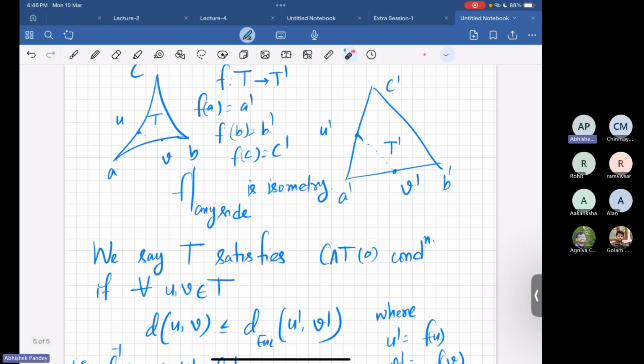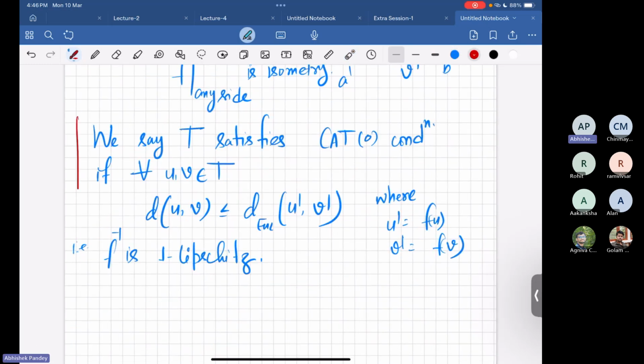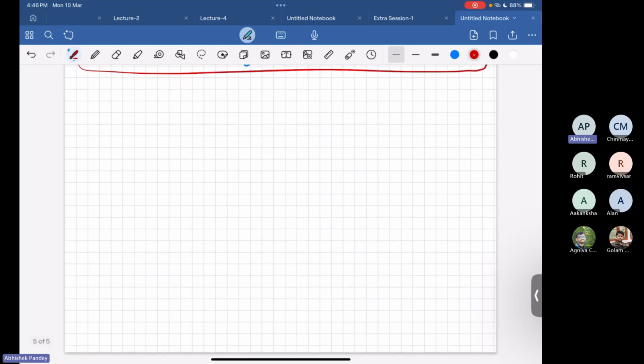To define the general CAT(k) spaces, we need the model spaces of constant curvature k for any real number k, so we need the three model spaces.